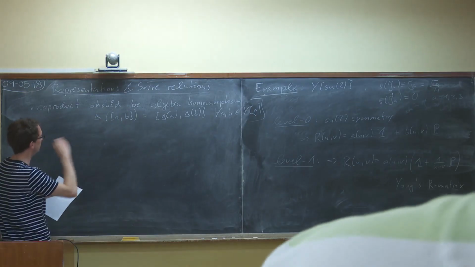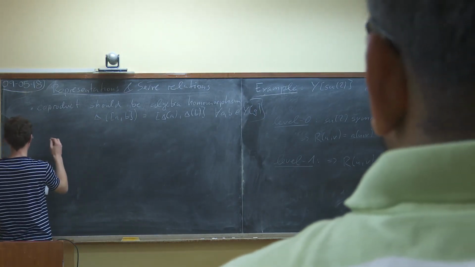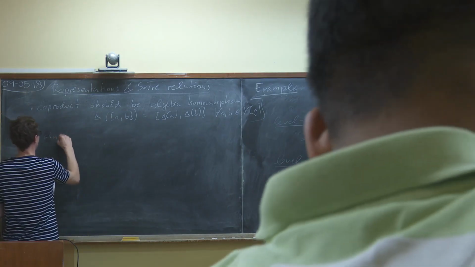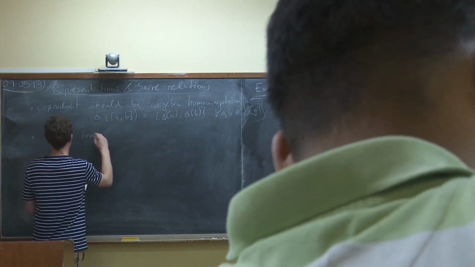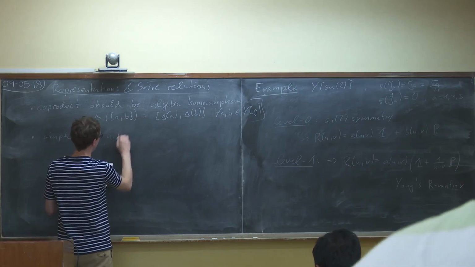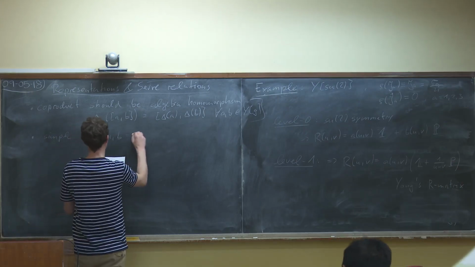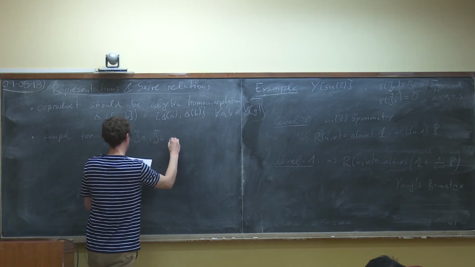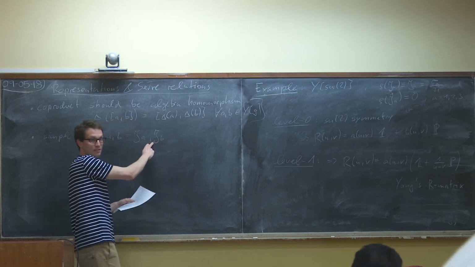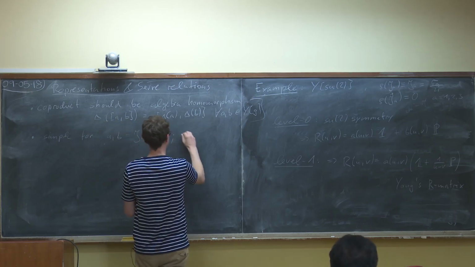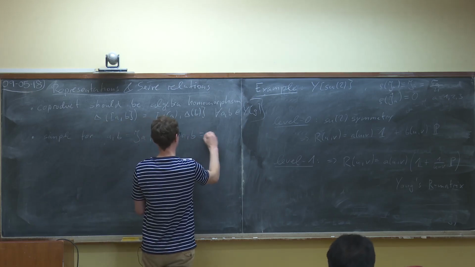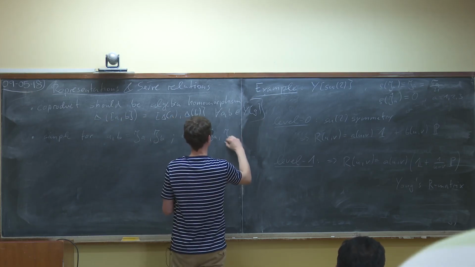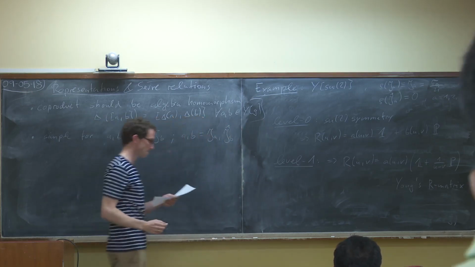And this is not so difficult to see for, well, now I call the elements A and B and also the indices, I hope this is not a problem, if both are level 0 generators, and it's also not so difficult if one is level 0 and the other one is level 1.